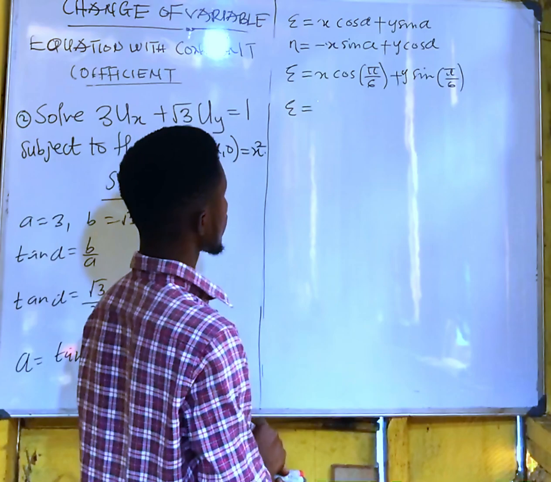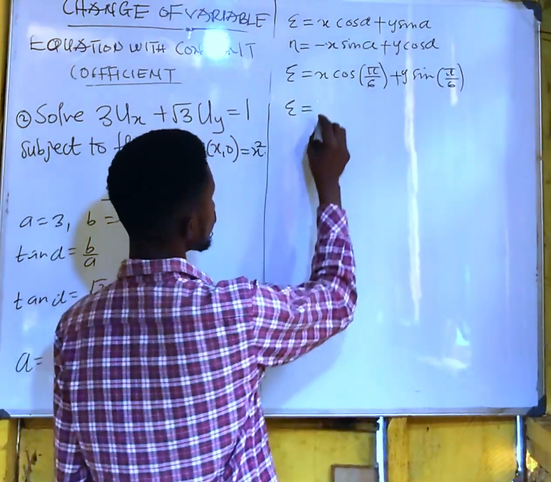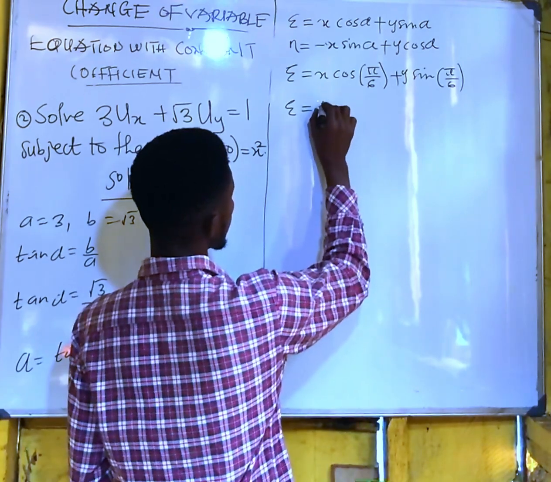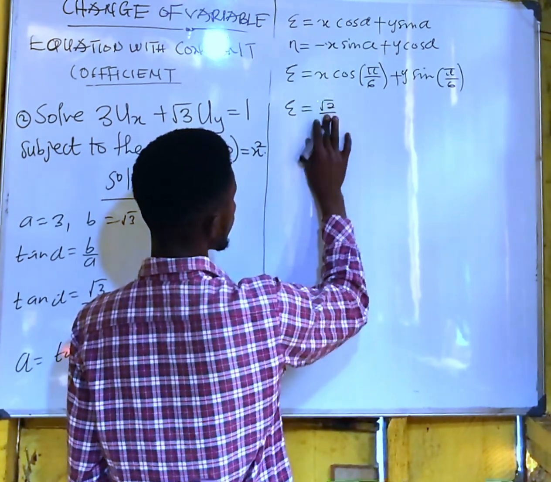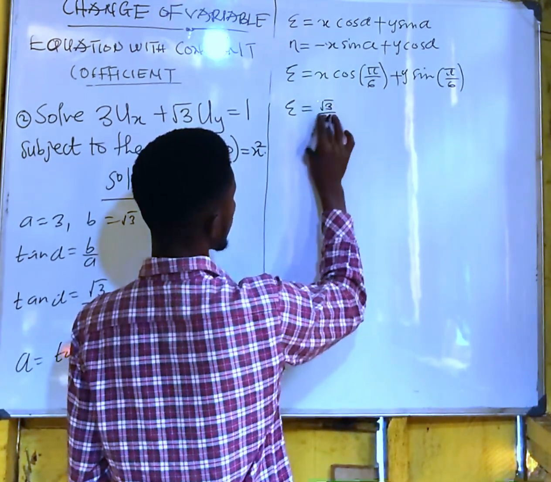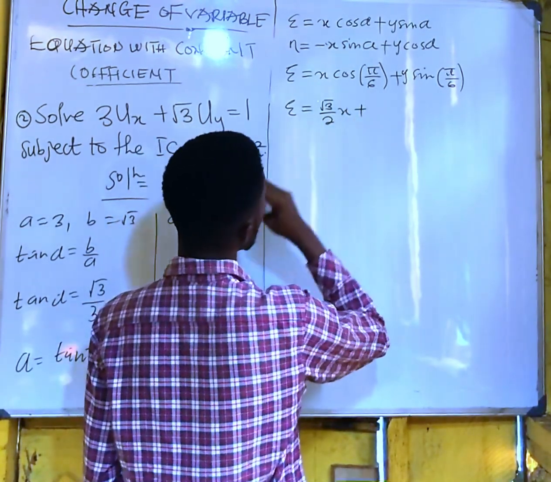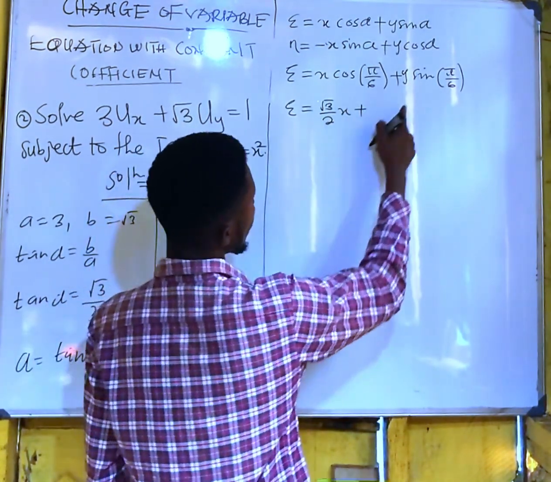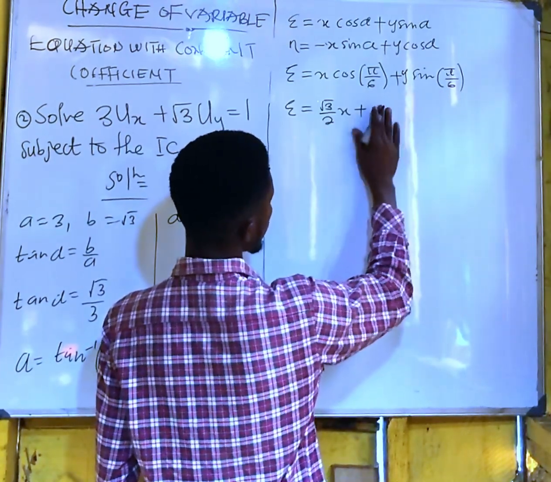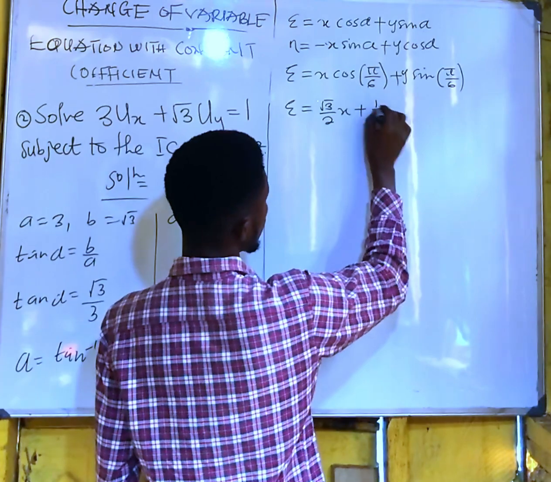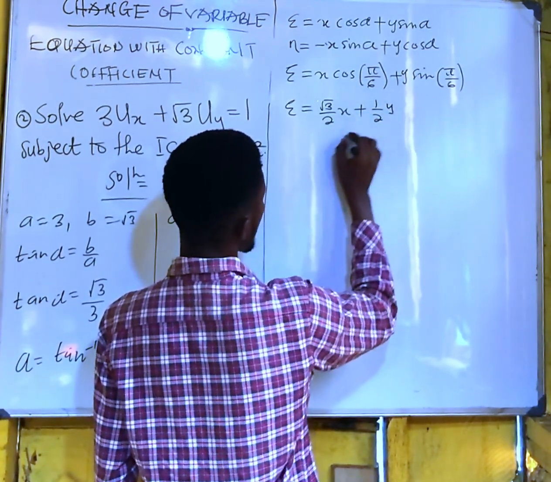Now cos pi over 6 is what? Root 3 on 2. So root 3 on 2 x, plus sine pi on 6, sine 30 is half. So sine 30 is half. So 1 over 2 y.